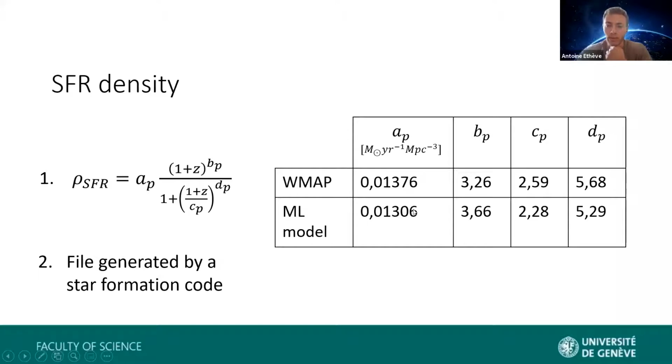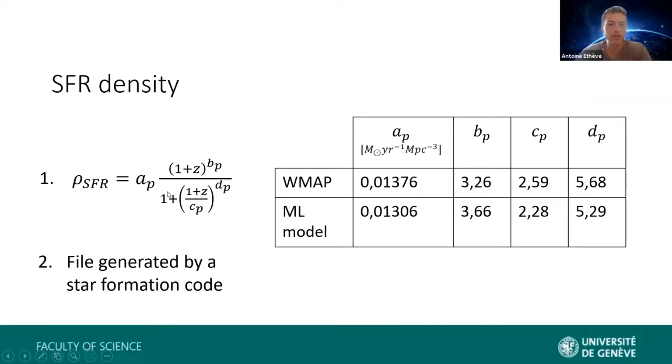Robertson provides in his paper the values of the parameters, so we just have to plug them into this expression. And then we have the star formation rate density that is computed from a model of star formation in the multiverse. This one was computed by my supervisor, and he sent me a file containing the density.